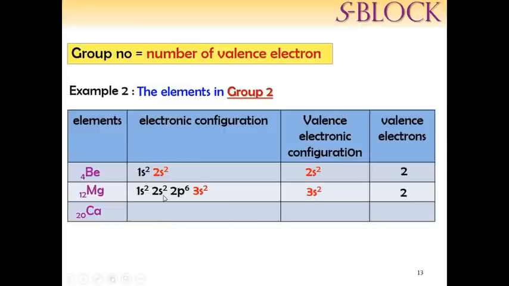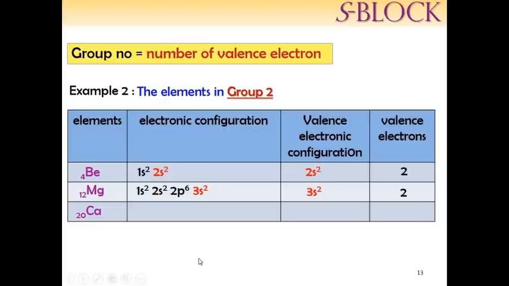The electronic configuration of beryllium is 1s2 2s2 and the valence electronic configuration is 2s2, so the valence electron is 2. For magnesium, the electronic configuration is 1s2 2s2 2p6 3s2. The valence electronic configuration is 3s2 and the valence electron is 2.